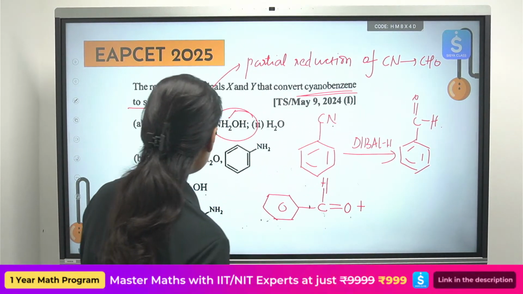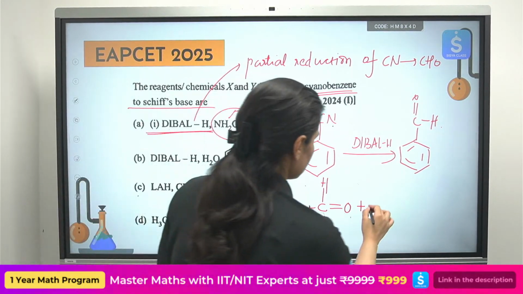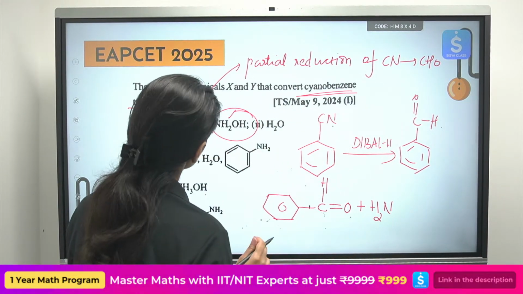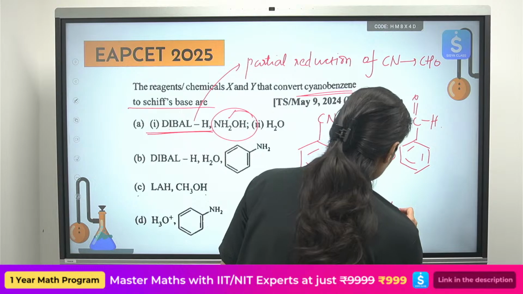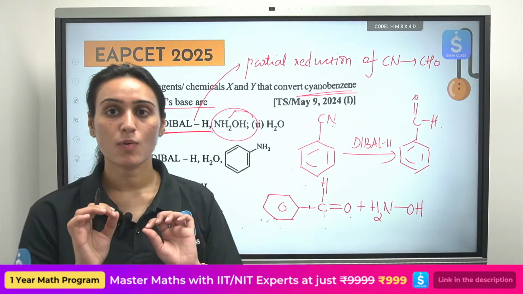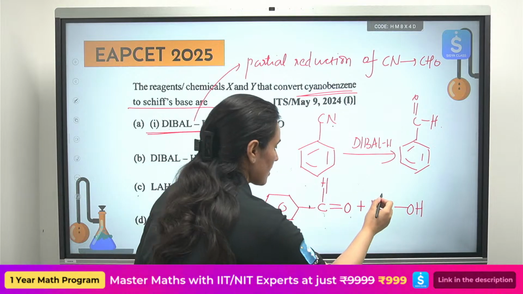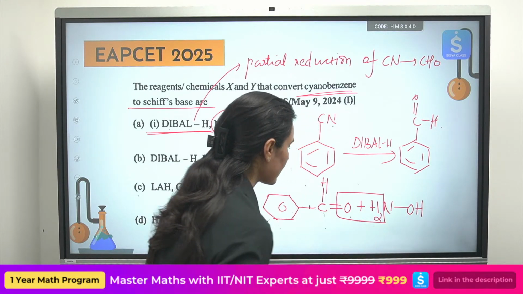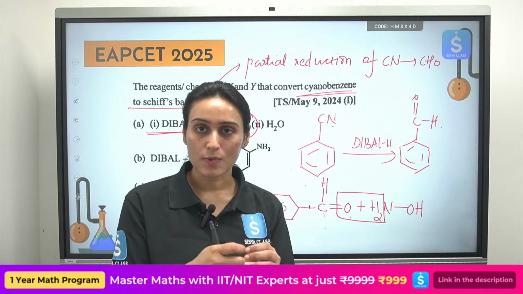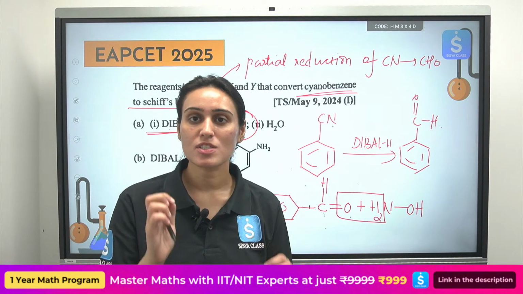Write it in this way. And now eliminate water. Okay, and connect the carbon and the nitrogen with a double bond, and it will give you your respective Schiff's base.